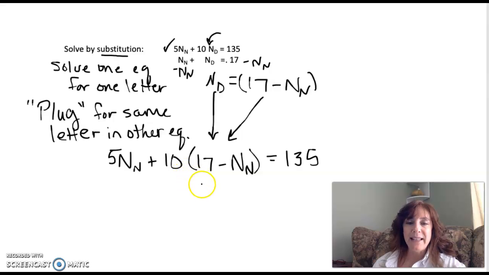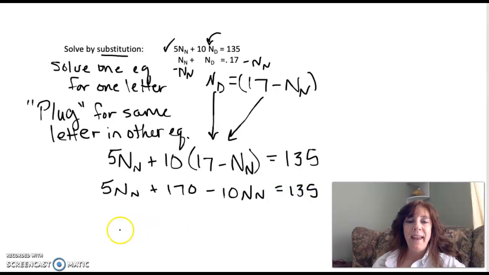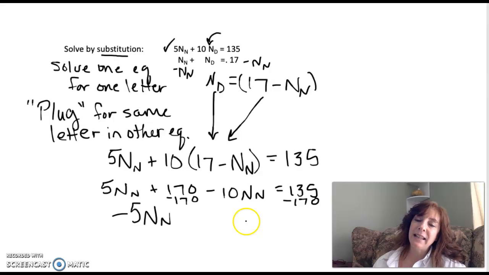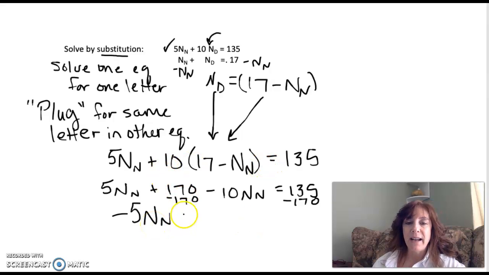I see parentheses, I distribute. So I have 5n of n plus 170 minus 10n of n is 135. I can combine my n of n terms, and I can subtract 170 and get that on the other side. Remember, I'm trying to get the letter on one side and all the numbers on the other side.